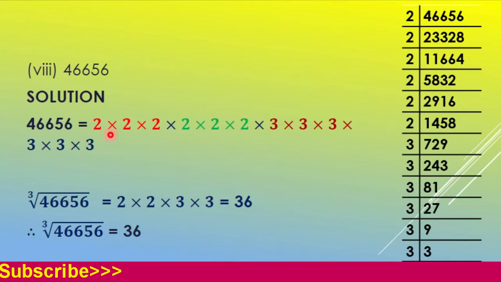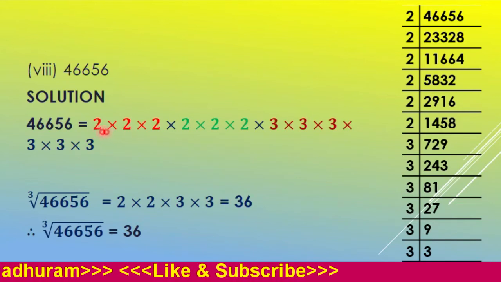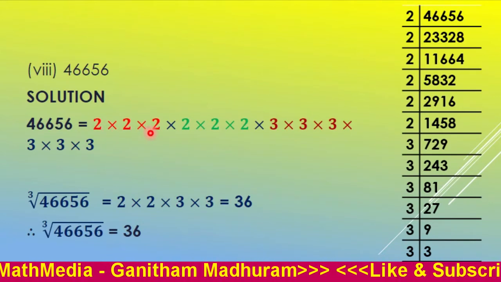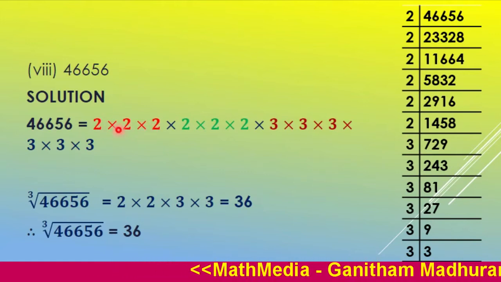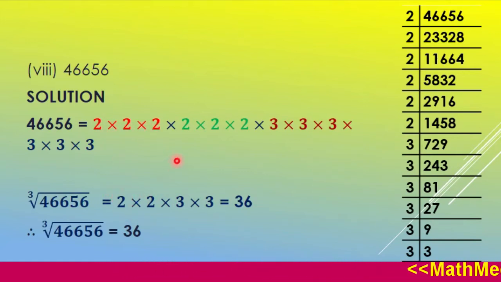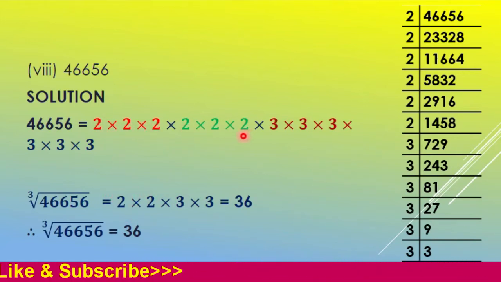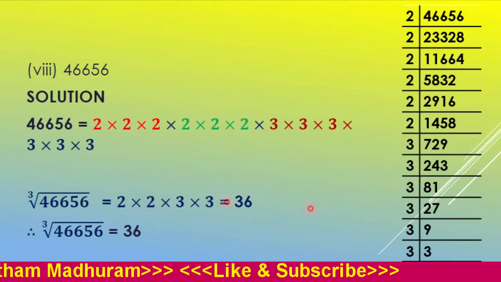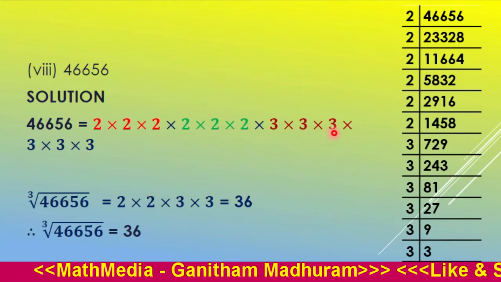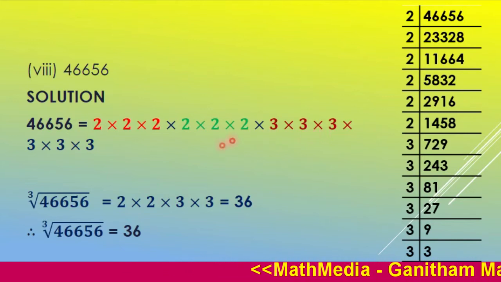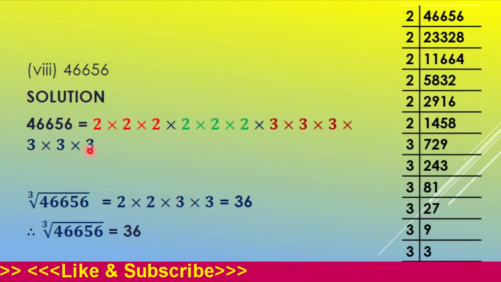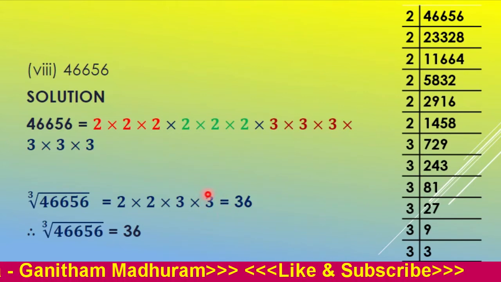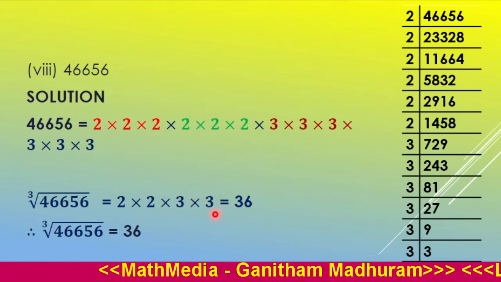In the next step, from each group you can take one number. So from the first group I am getting 2. And from the second group also I am getting one more 2. And the third group of 3 is with the number 3 only. So I am getting 3. And from the fourth group also I am getting one number, that is 3.